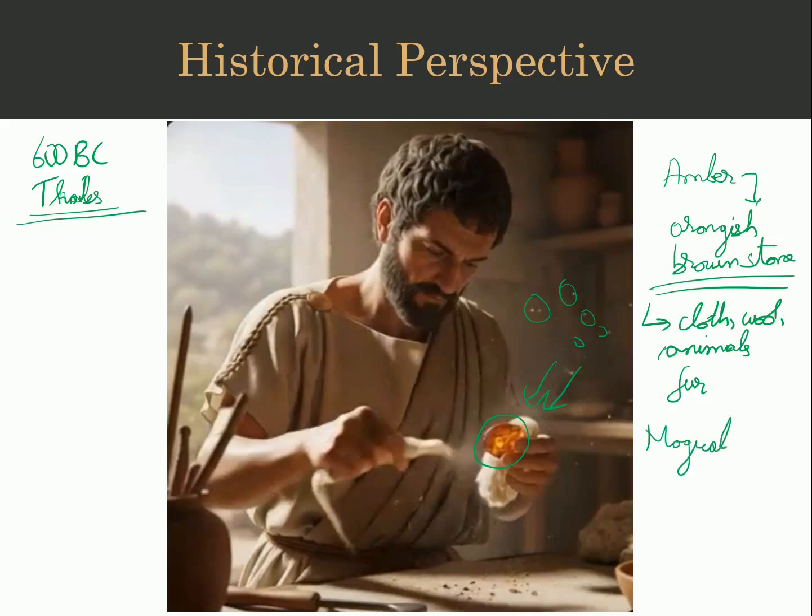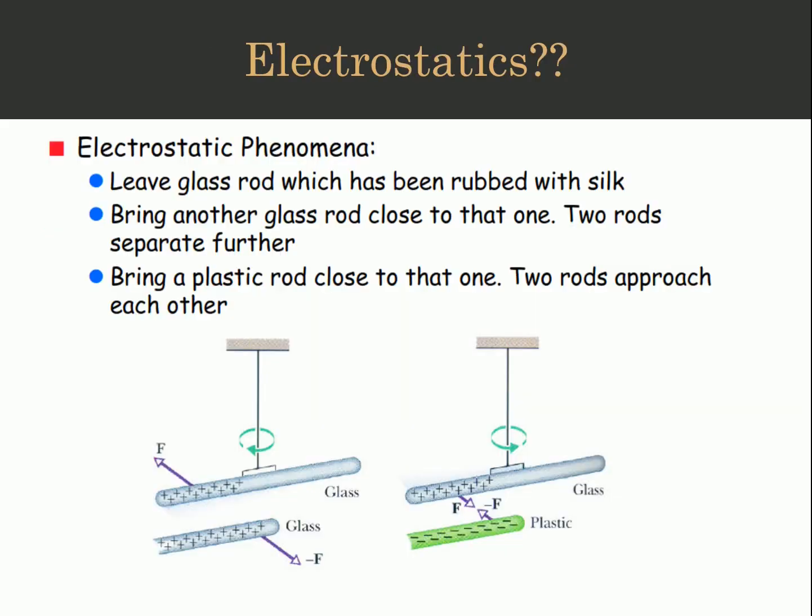So this is the first finding recorded in human history, in 600 BC, where electrostatic charges, to be precise, were discovered, and this was the law of attraction between positive and negative charges.